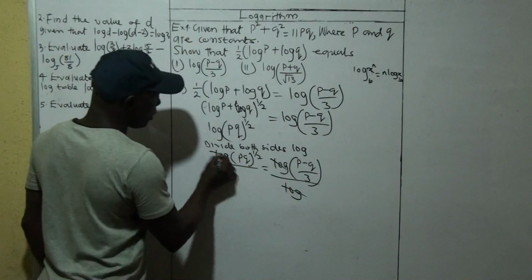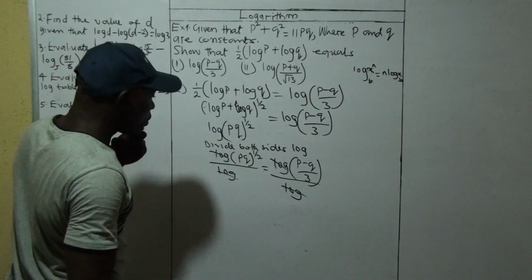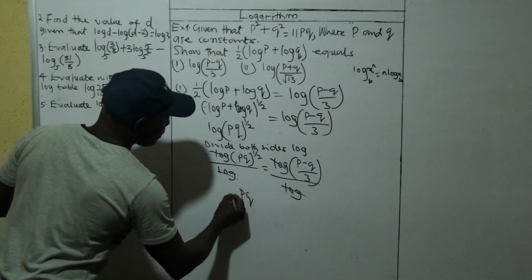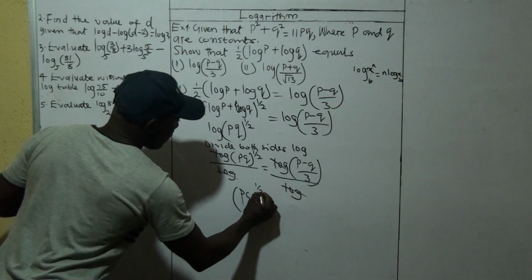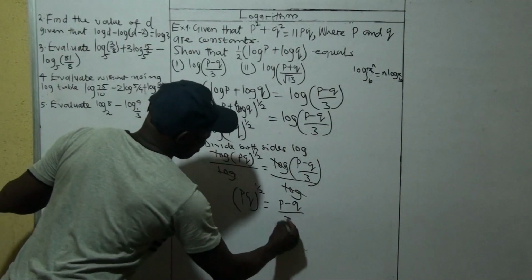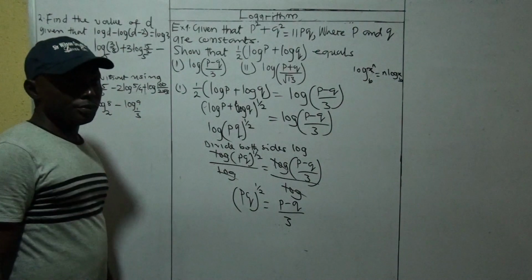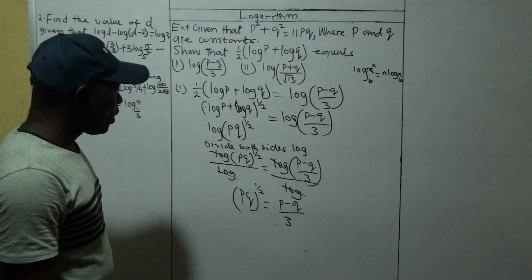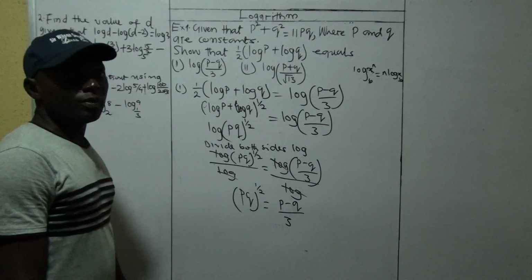See, log goes with log here. So here we are left with pq all raised to power half is equal to p minus q all over 3.